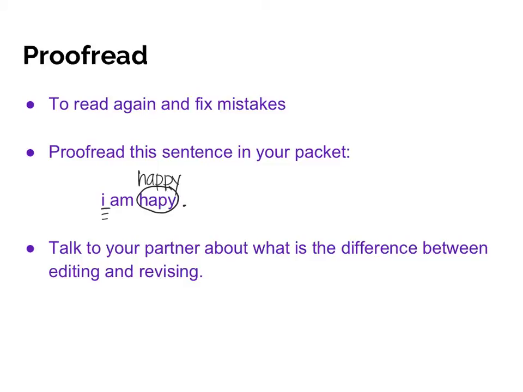So you may have talked about how editing is fixing little mistakes, like adding capital letters and periods, maybe changing spelling, adding commas, things like that, the little mistakes. Revising is when you maybe take out a paragraph, you add in a sentence, you move things around, you're changing the whole look of the essay.